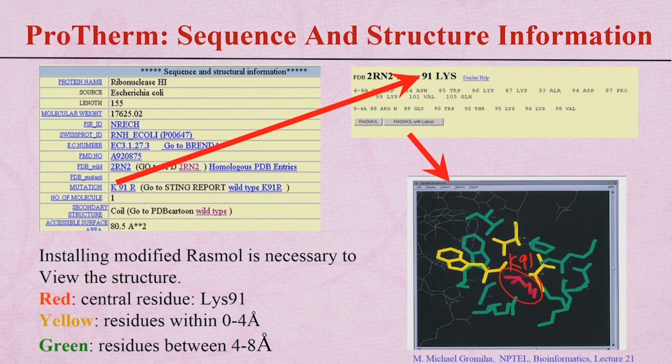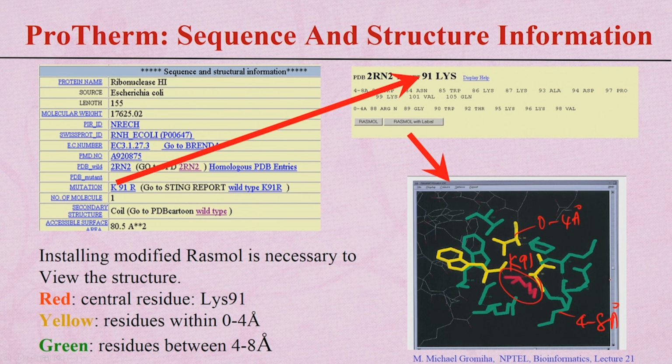The yellow ones are within 0 to 4 angstrom, and the green ones are 4 to 8 angstrom. Here I display the data: within 0 to 4 angstrom are arginine 88, glycine 89 and other residues, and you can see their side chains.